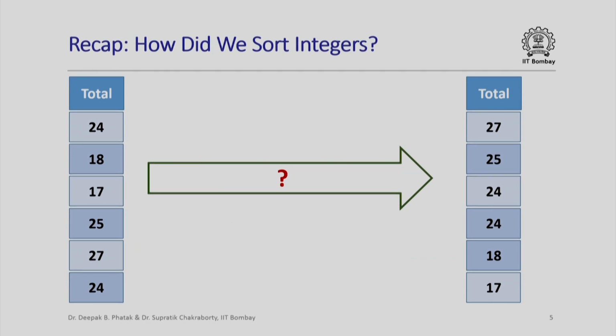So, let us quickly recap how we went about sorting integers. Here is an unsorted array of integers, and we have seen techniques how to convert it into a sorted array of integers where the sorting is in decreasing order. In selection sort, where we wanted to sort the array in decreasing order, how did we go about it?